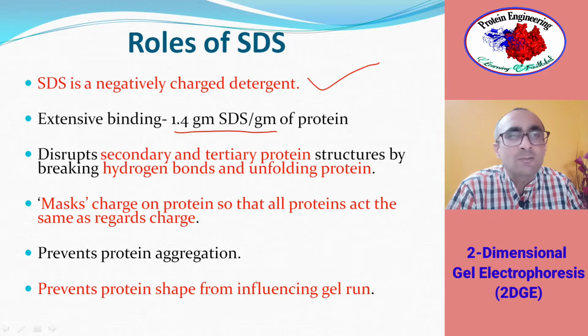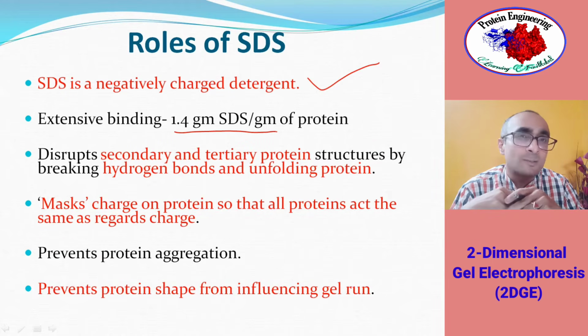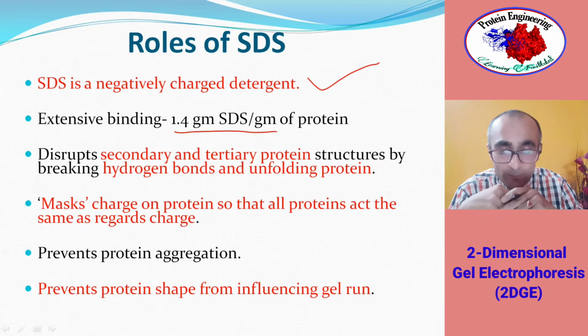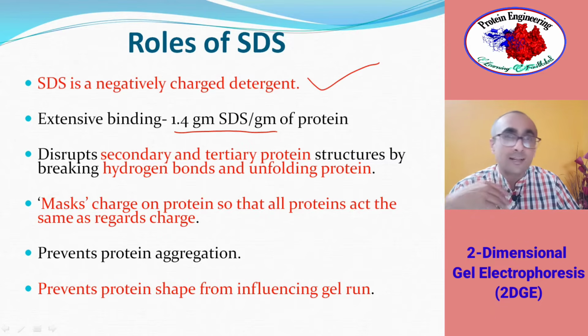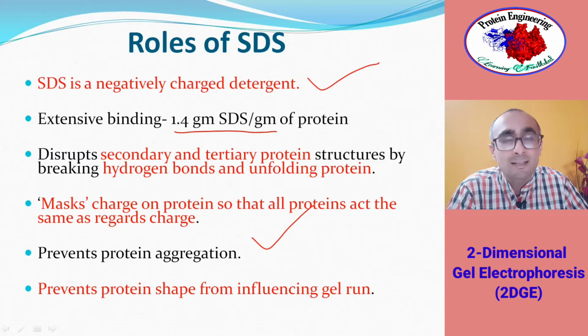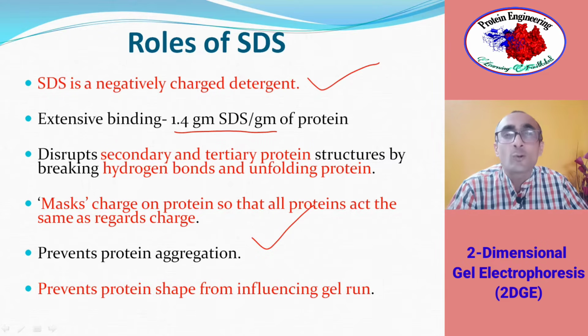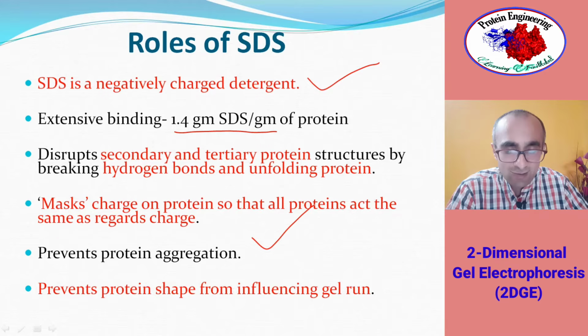Irrespective of the native charge present on the protein, it will have a net negative charge, so it will migrate towards the positive electrode in SDS-PAGE. Because SDS binds extensively, it also prevents aggregation of the proteins, and at the same time it disrupts any non-covalent intermolecular interactions.